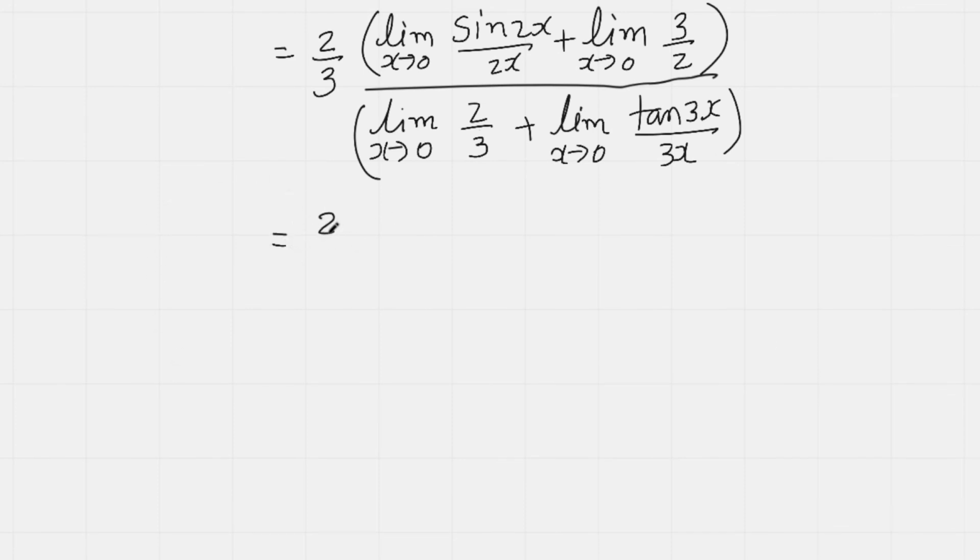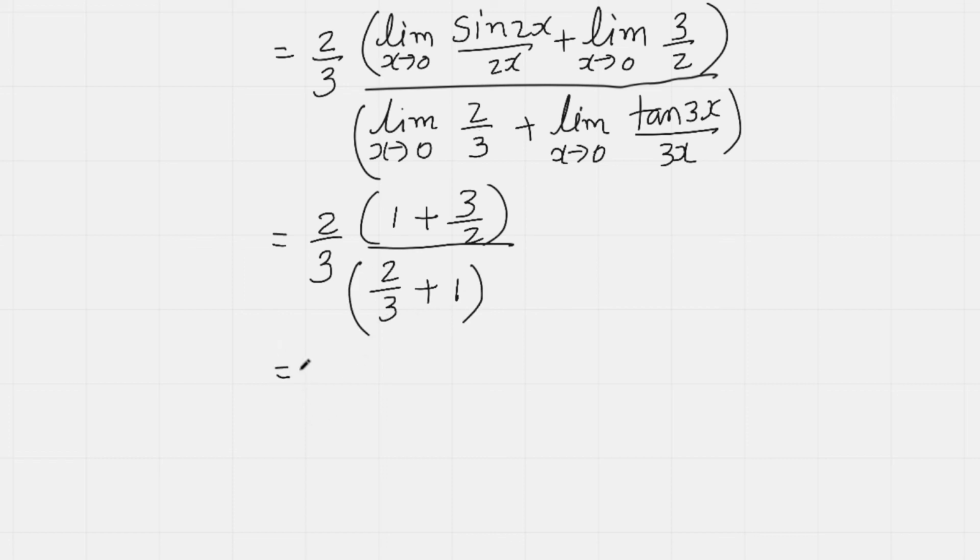So we can write 2 over 3 as it is, and in the numerator the limit of sine 2x over 2x as x approaches 0 we can write 1, plus the limit of a constant will be the constant itself, that is 3 over 2 itself. In the denominator the limit of 2 over 3 will be 2 over 3, and also we know that the limit of tan theta over theta as theta approaches 0 is 1.